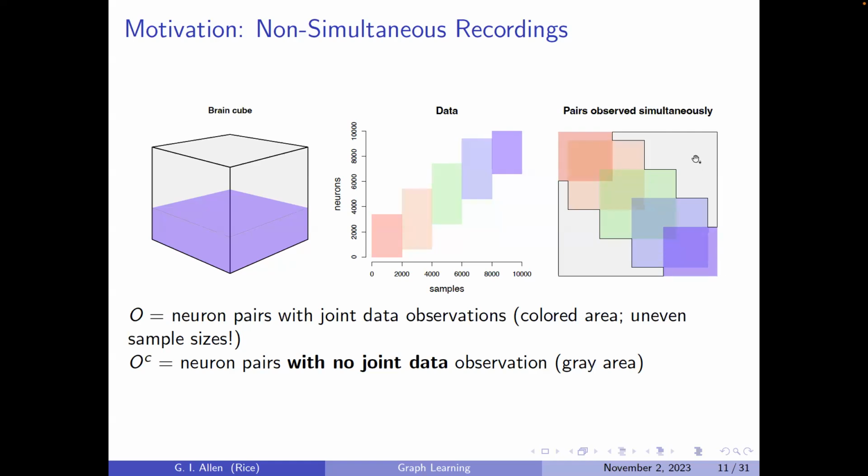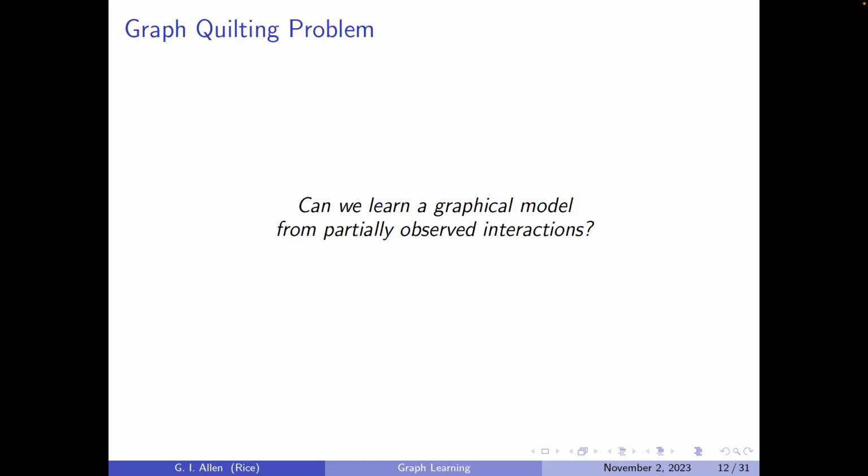But the issue is there's all these unobserved pairs. We call this O complement. And in O complement, there is no joint data whatsoever on these pairs of neurons, right? These are variables that were never observed together. And so the question is, can we construct a graph not just for the data that we've observed, but for all the neurons in the entire experiment, even if there were no joint observations?